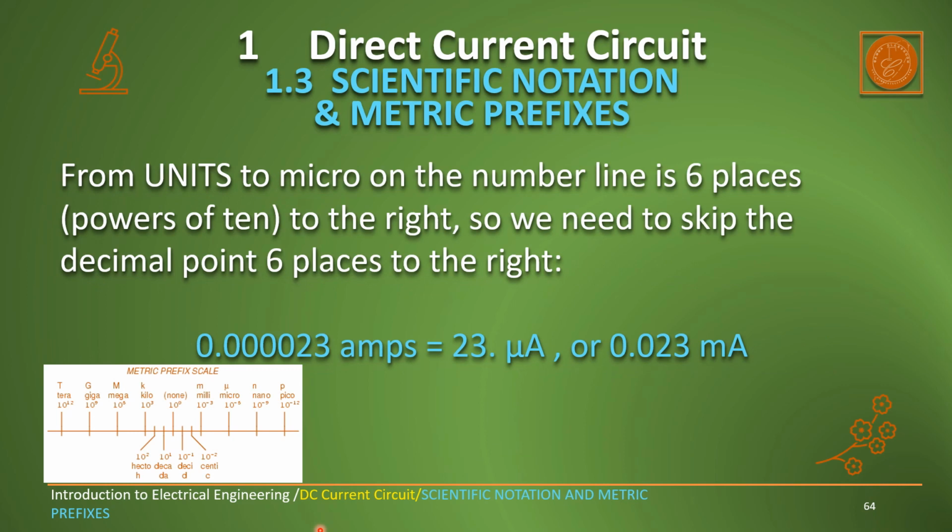From units to micro on the number line is 6 places, powers of 10, to the right. This is 10 power 0, and this is the micro, 10 power minus 6. So we need to skip the decimal point 6 places to the right.